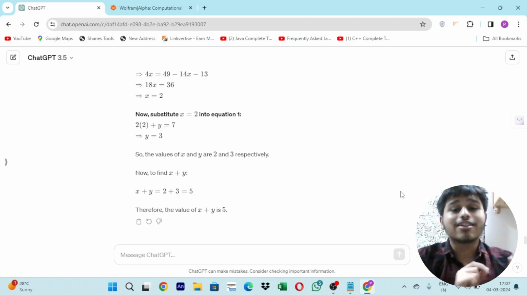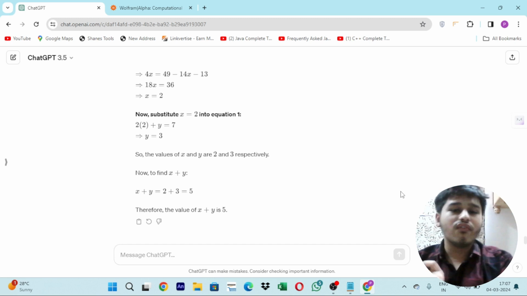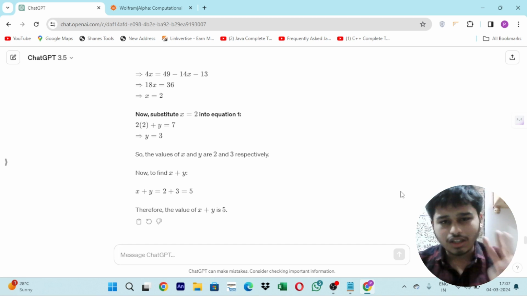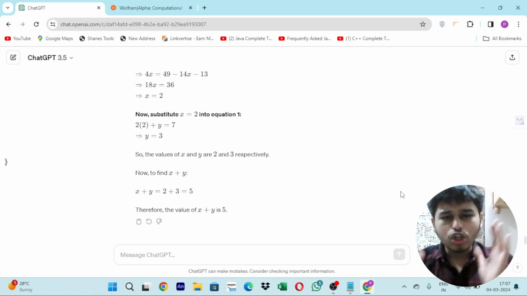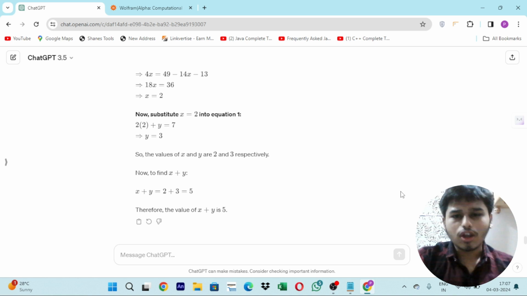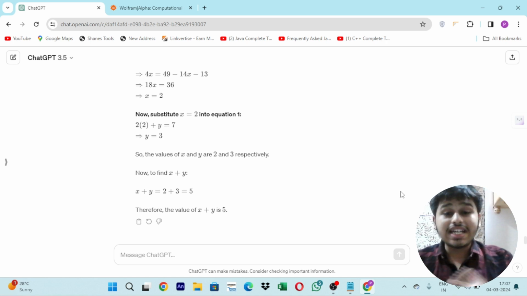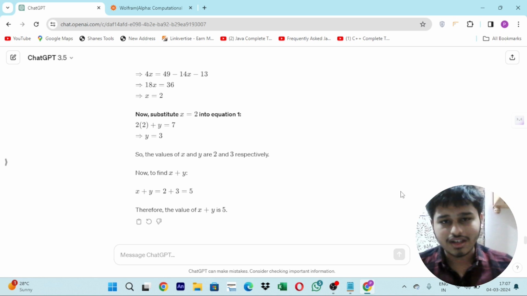Use it as a tool to understand and verify information from reliable resources. The third is combine ChatGPT with other resources. Use it alongside textbooks, online tutorials, and teacher guidance for a well-rounded learning experience.